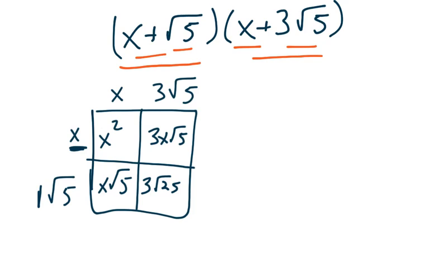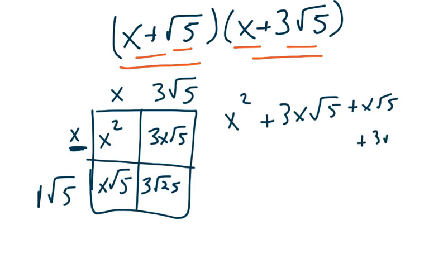If we add all these up, we have x squared plus 3x root 5 plus x root 5 plus 3 root 25. And from there we can do some simplification. These are like terms, 3x root 5 and x root 5, because they have the same radical.